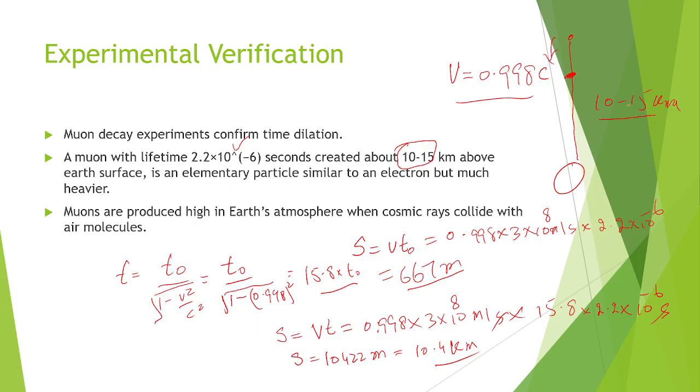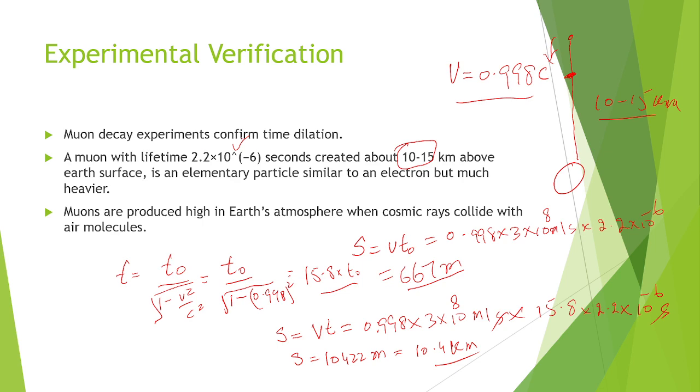So that is why it reached the surface of the earth, and experimentally we see them near the surface of the earth, and the reason is the time dilation for the muon. Okay, so that is an example, and it is an experimental verification for the time dilation.